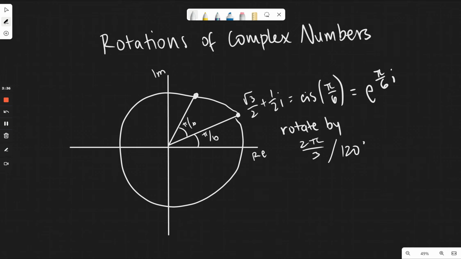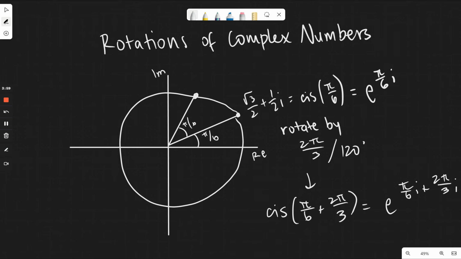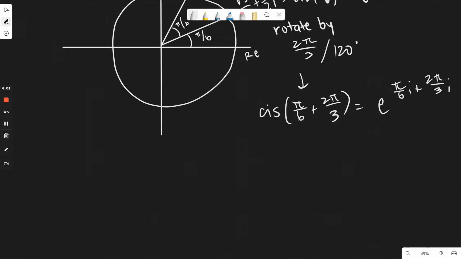Okay, so when we do that, what we're doing is we're adding that amount to the angle. So this becomes cis of pi over 6 plus 2 pi over 3. Or we can think of this as e raised to the pi over 6 i plus 2 pi over 3 i. And what's another way that we can write this?